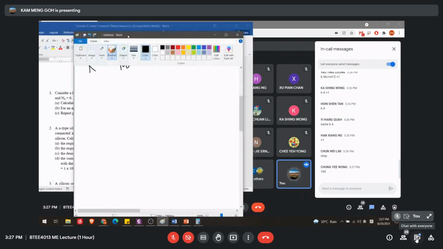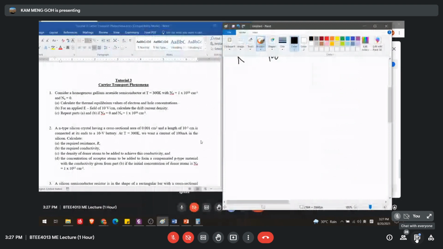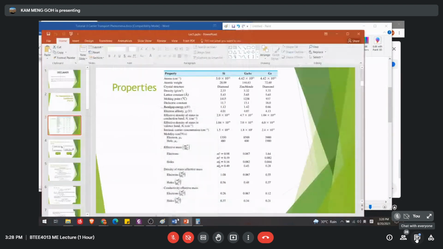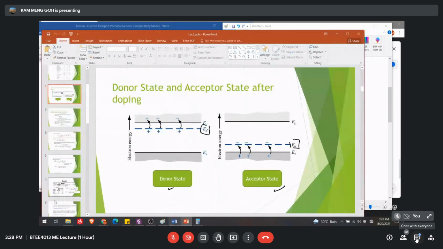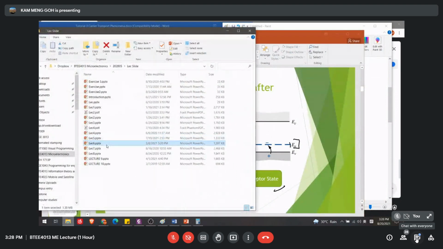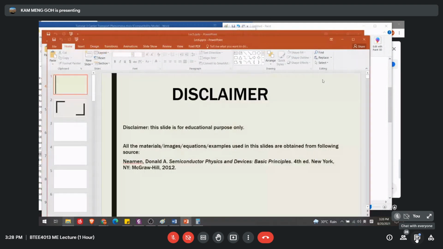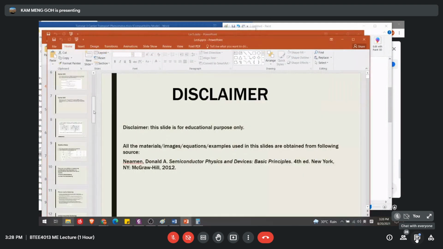The required conductivity. How do we calculate the conductivity from here? In order for you to do this question, you need to see lecture 6. Okay, it's somewhere around here, this part.